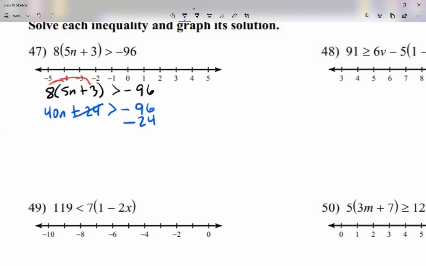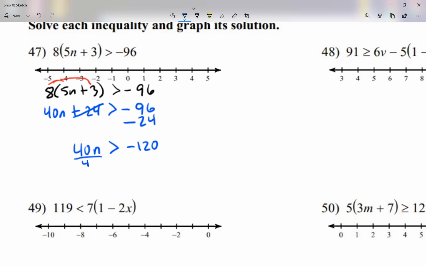So I have 40n. It's greater than here negative 96 and a negative 24 because they have the same sign. Let me add them. And let me keep the sign. So negative 120. Now let me divide by 40.